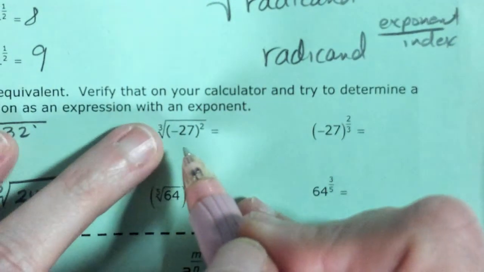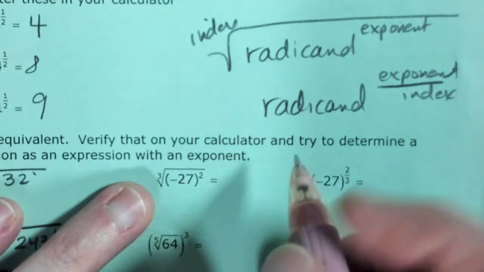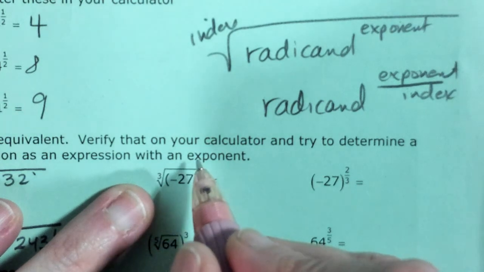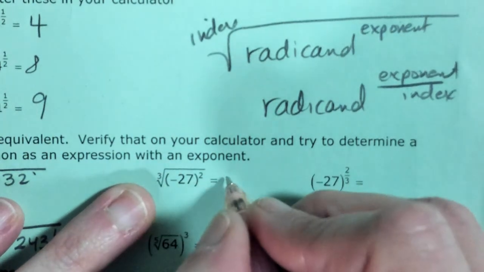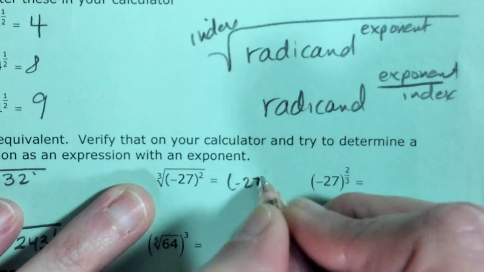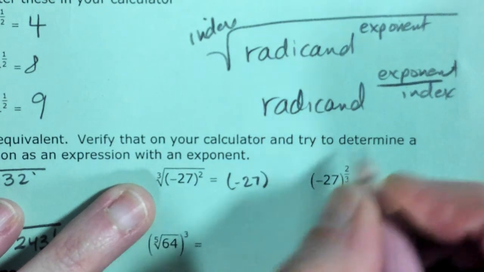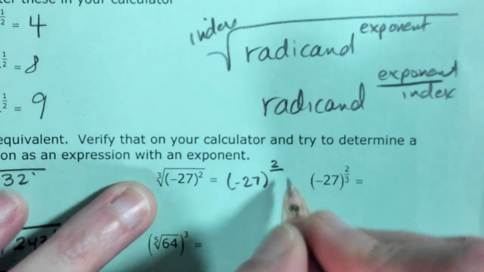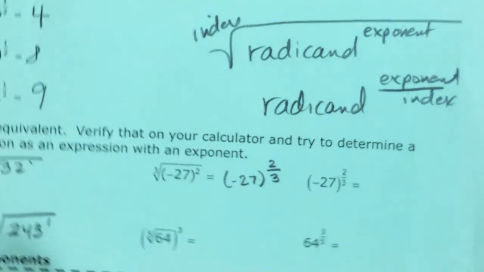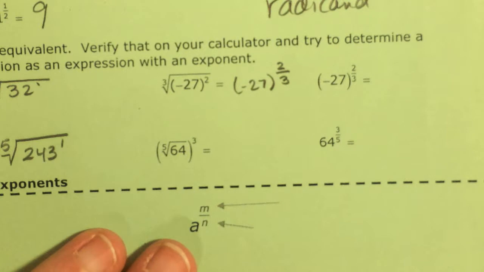For this one, if I write it using that format, I have radicand to the exponent over index. So I'm going to do negative 27 to the exponent, which is 2, over index, which is 3. And if I put that in the calculator, let me zoom back out again.